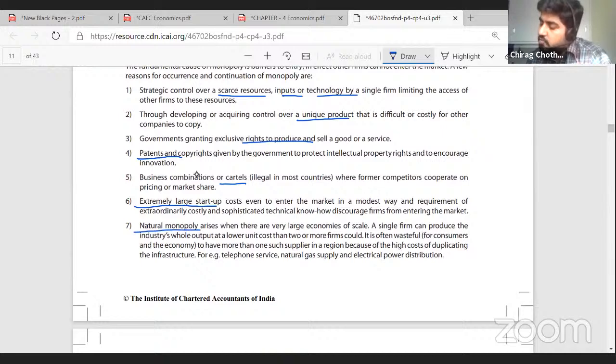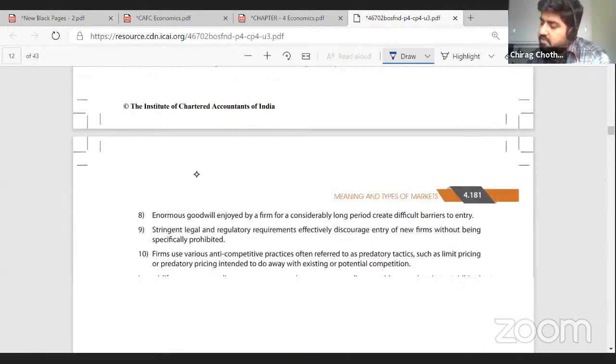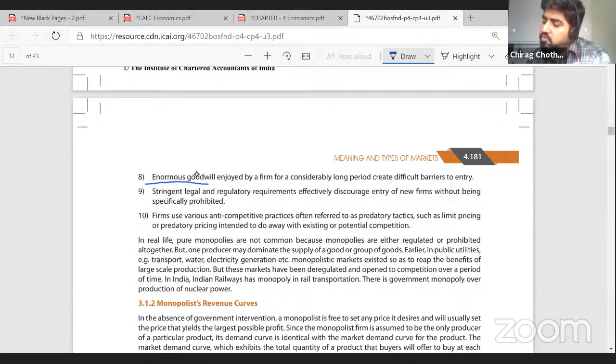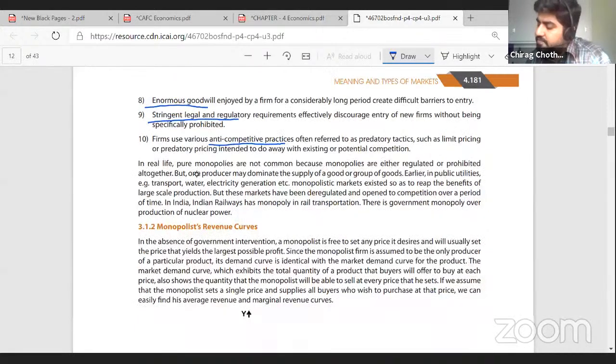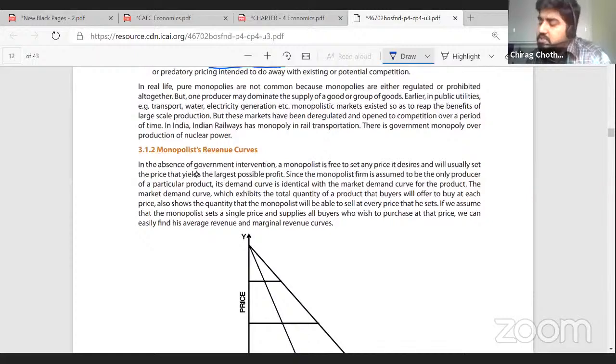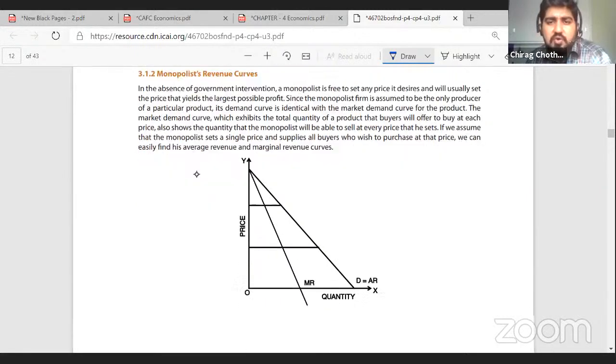Natural monopoly can also be there, which is presented to you with the help of nature. If enormous goodwill is present, no one else can dare to compete with you. Stringent legal and regulatory requirements are there, so people will not be interested in entering that business. Anti-competitive practices are used.